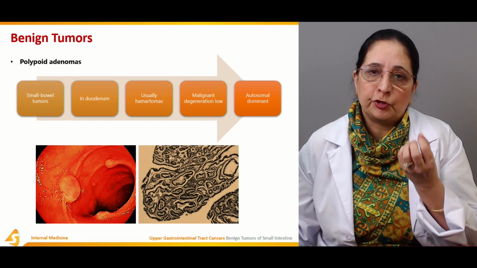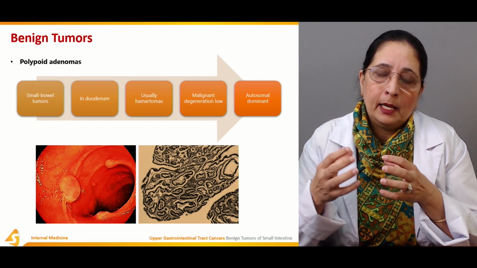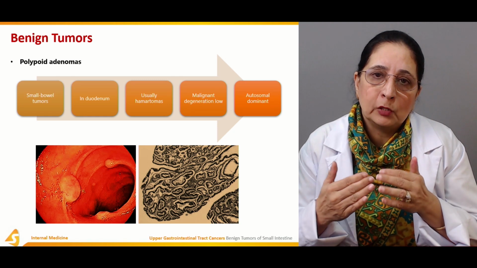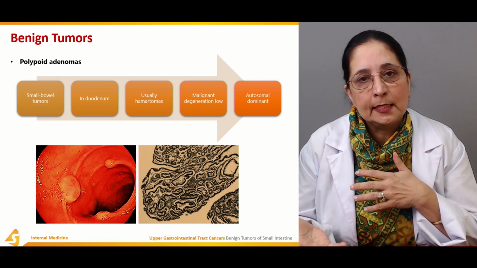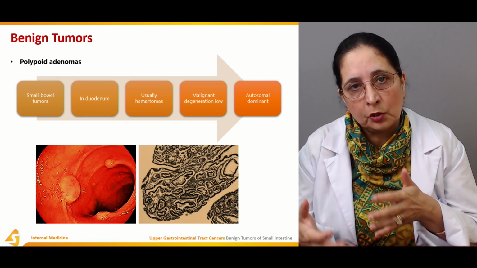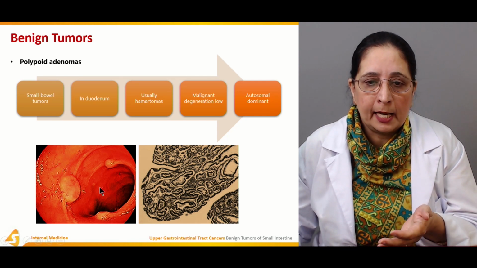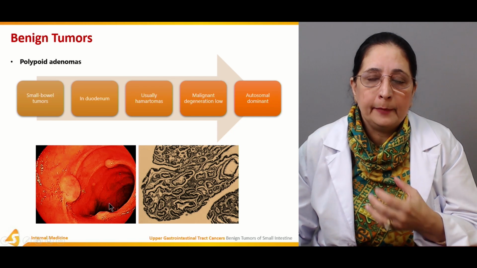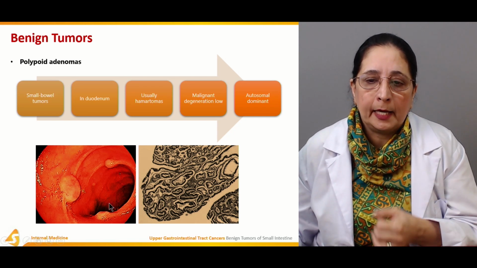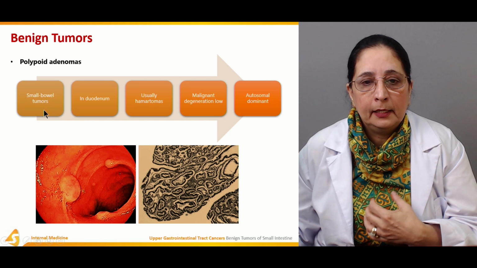Polyps are structures that hang from the mucosal wall. Polyps can be sessile polyps with no stalk, or they can be pedunculated polyps. So in this we have the polypoid type; they appear like polyps.